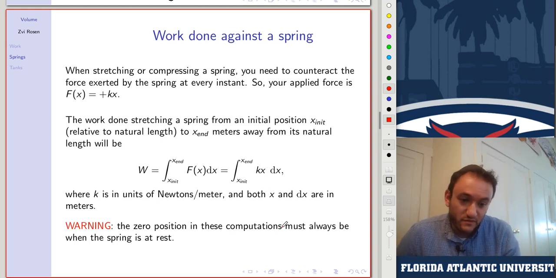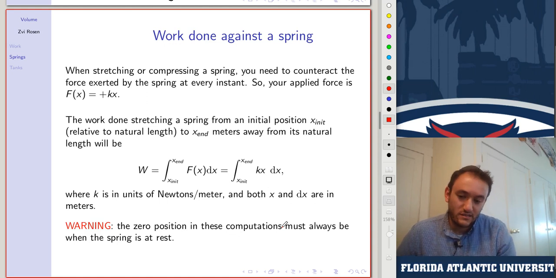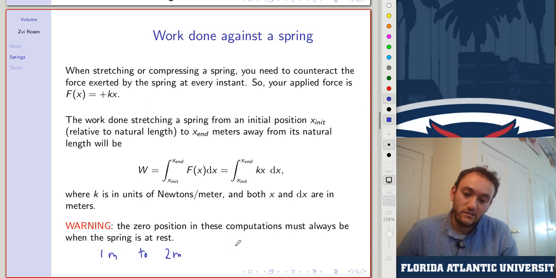But something to be very careful about in this context is that the zero position in these computations must always be when the spring is at rest. So sometimes you'll see a problem where it says a spring is stretched from 1 meter to 2 meters, and you'll say, okay, I'll just do the integral from 1 to 2. But what's key here is that you need to see how far it is beyond its natural length.